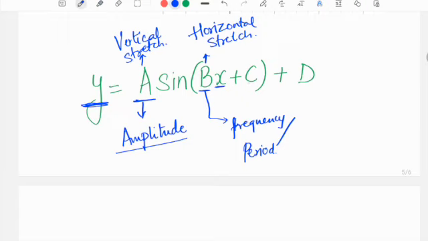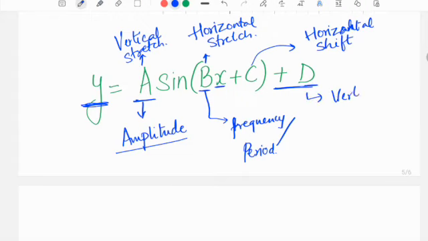Now c is moving the angle, so that is our horizontal shift, because it is shifting, moving it around. And this d works as our y-intercept, so that is our vertical shift.